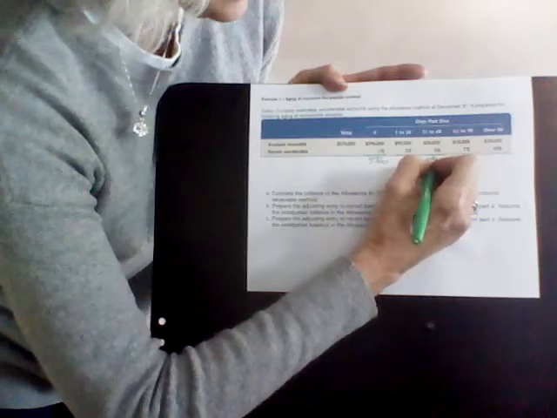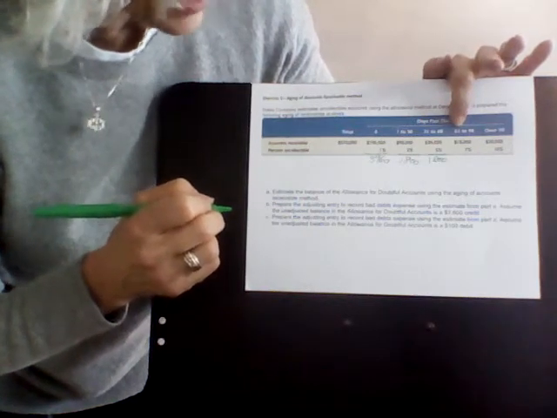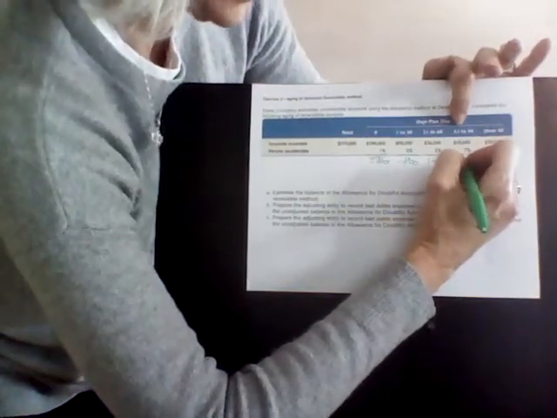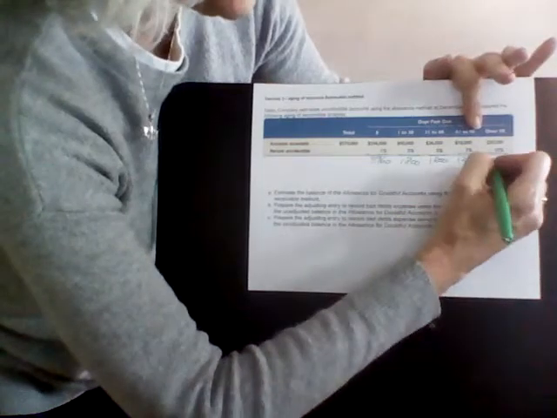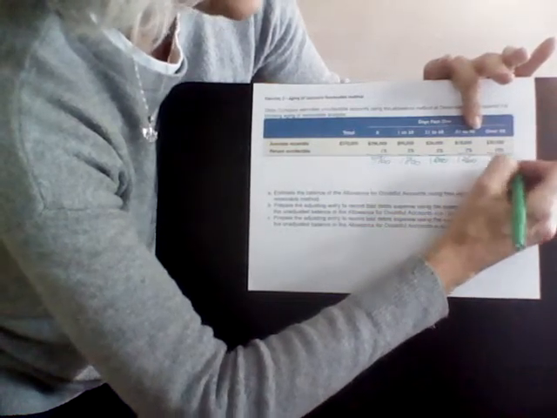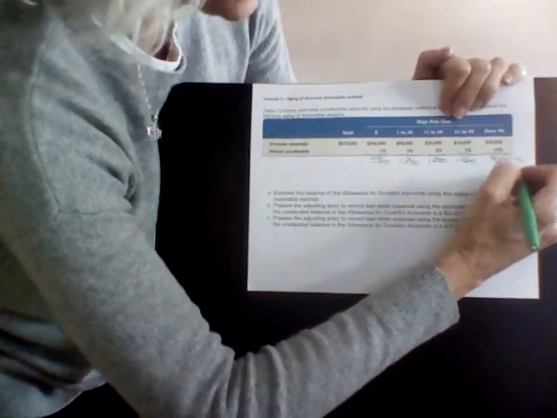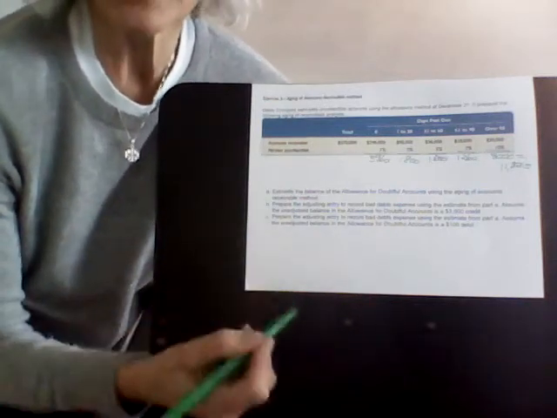That's also 1800. The next category, the 61 to 90 days overdue, we've got 18,000 outstanding in that category at 7%. That works out to be 1260. And 10% of 30,000 in the oldest category. So if I just add these up along the way, we end up with 11,820 is what we believe is going to go bad out of the accounts receivable that we have now.